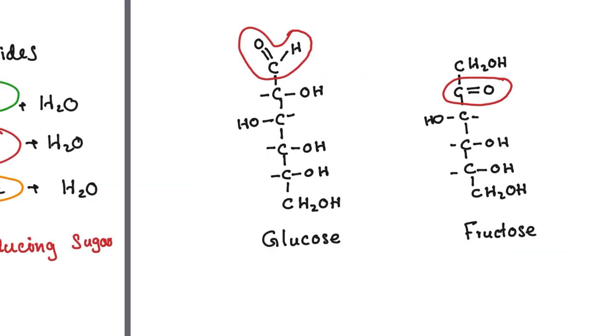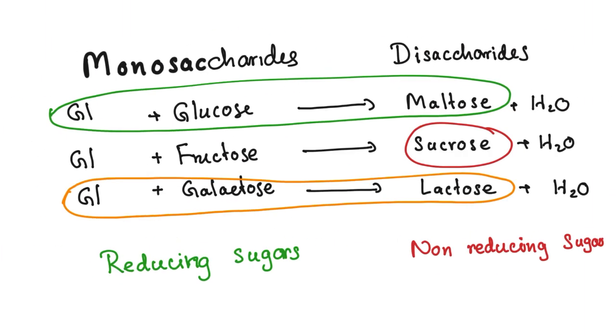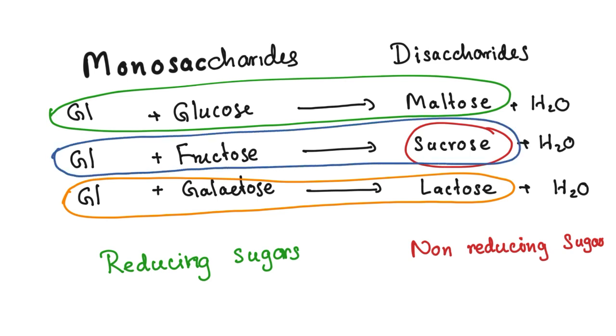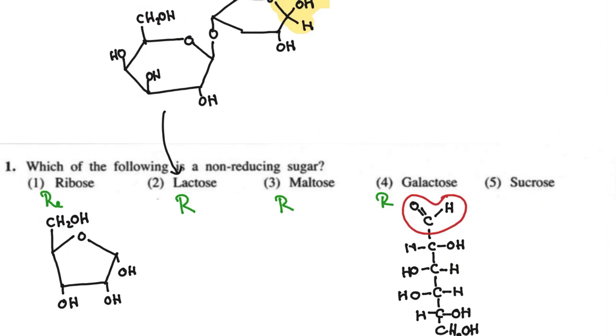Sucrose is a disaccharide, the product of the reaction between glucose and fructose. Sucrose is unable to act as a reducing sugar. So the only non-reducing sugar here is sucrose. The answer for this question is sucrose.